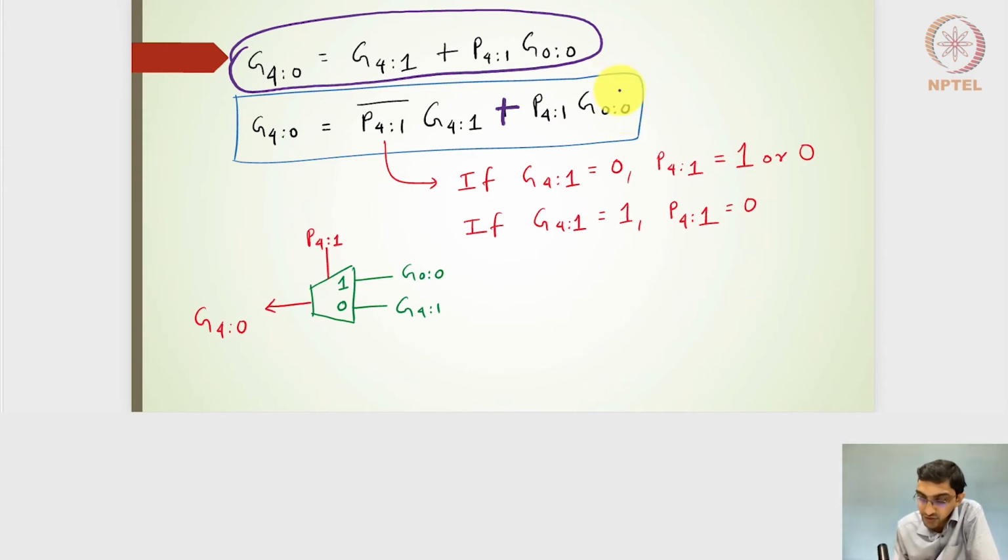So if G4 is to 1 is 0, then P4 is to 1 can be 1 or 0. So it still depends on P4 is to 1 whether it could be 0 or 1.